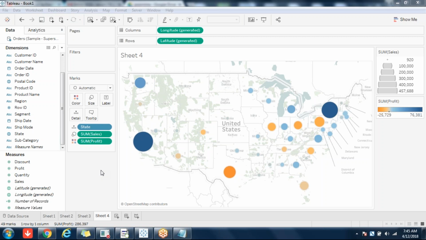Where is the scale you are seeing? I think in terms of the colors of the circles. Color is represented by something, probably blue is bigger and red, orange is smaller.